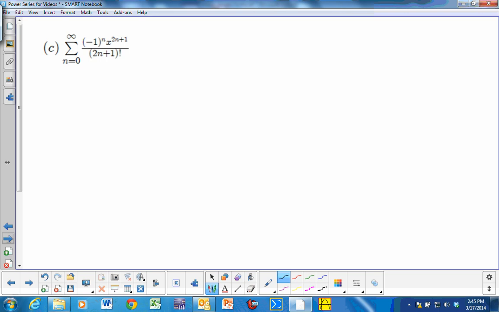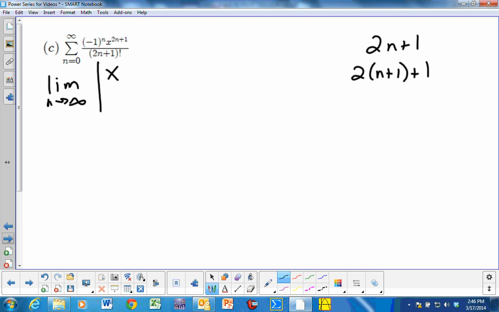So again, here we're going to do the ratio test to try to figure out when this converges. So we're going to do the limit as n goes to infinity of the n plus 1 term over the nth term. Well, -1 to the n, again, ignore that because all the absolute value is going to do is get rid of those. And we need x to the n plus 1 to replace the n. So we have 2n plus 1. So we're going to replace the n with n plus 1.